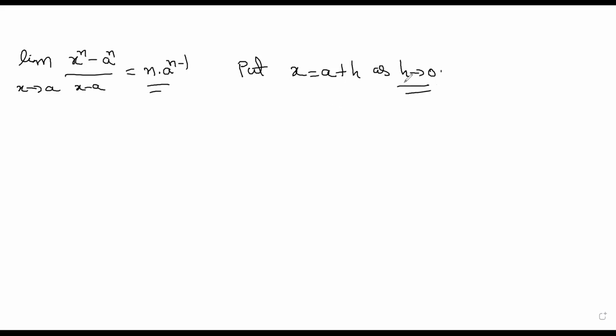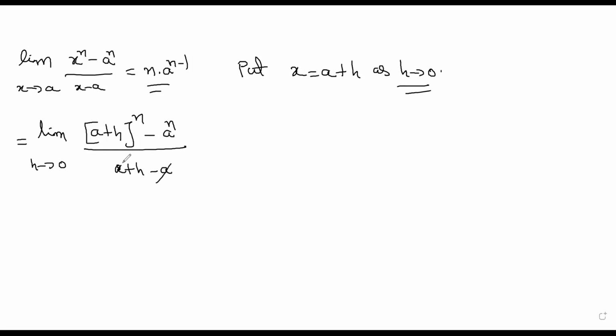So your limit changes to the limit as h tends to 0 of ((a plus h) to the power n minus a^n) divided by x minus a. With x equal to a plus h, the a cancels in the denominator and you have h.